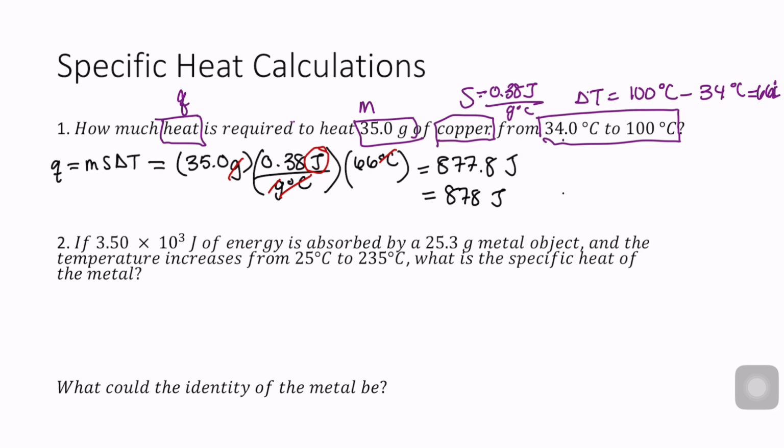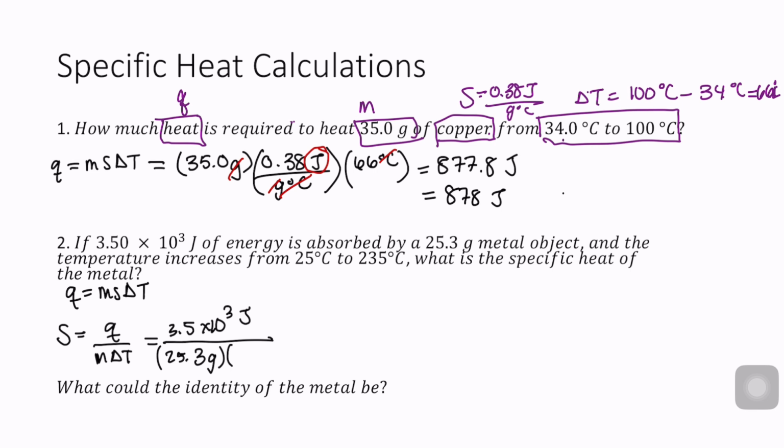In this next example, notice we're given the amount of energy and we're asked to solve for the specific heat. So we have Q equals ms delta T, but in this problem, sorry, it's to solve for S. So I can rearrange this to solve for S, and S is going to be equal to Q over M delta T. Now my Q is 3.5 times 10 to the 3 joules, and I can divide that by the mass, which is 25.3 grams.